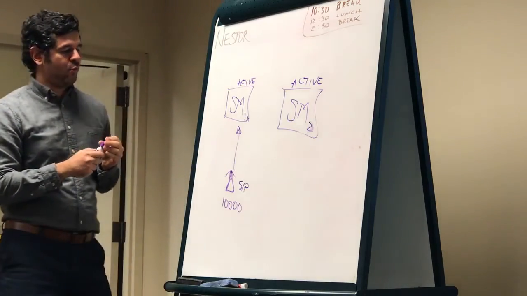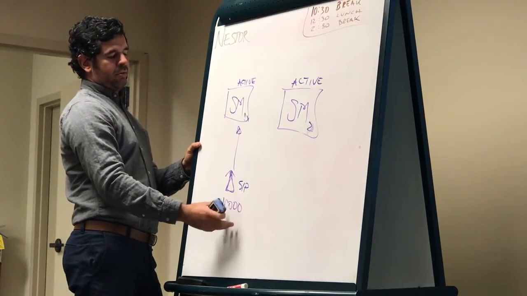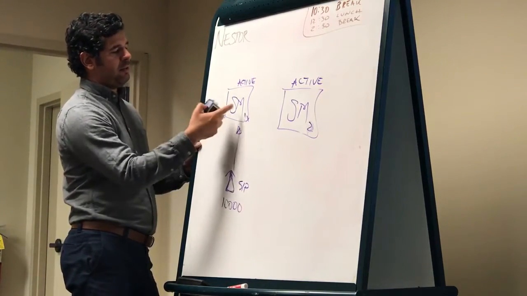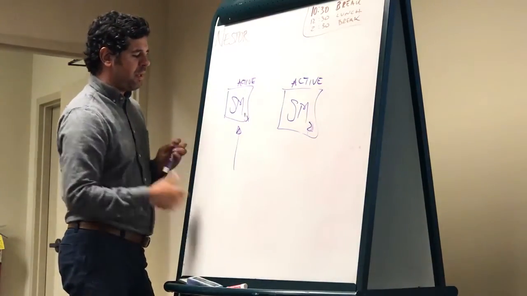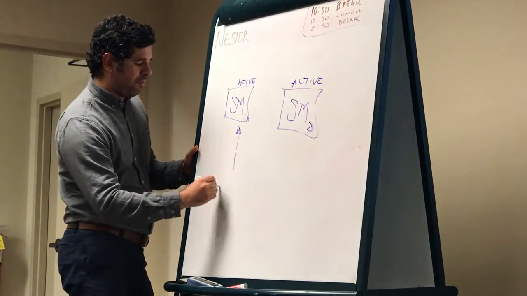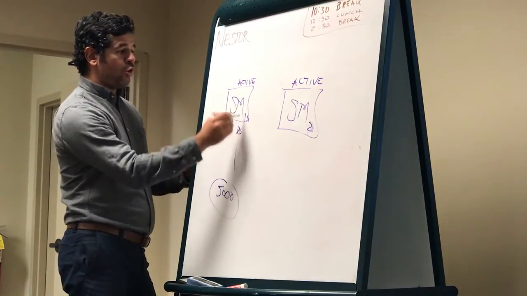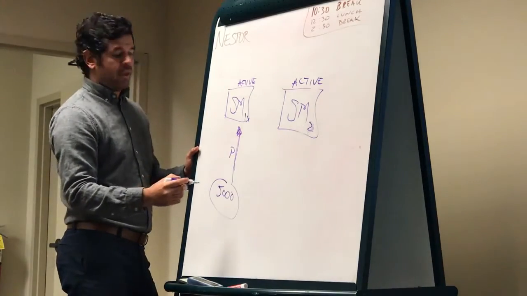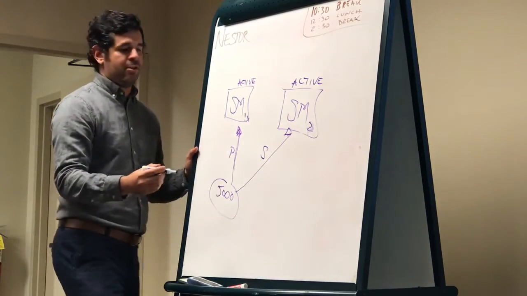A better approach would be, instead of having all of these 10,000 phones going to Session Manager 1, to split the users in half. So 5,000 of those users go to Session Manager 1 as the primary Session Manager, and go to Session Manager 2 as the secondary Session Manager.